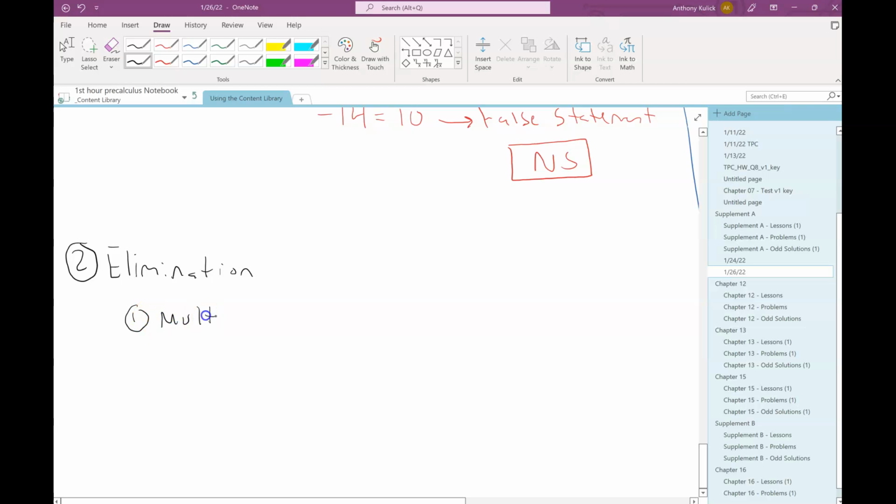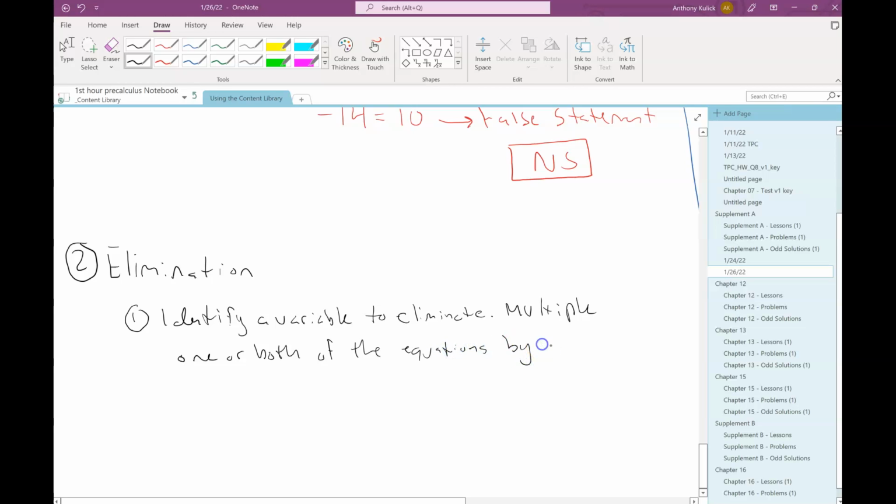So the first step is going to be to identify a variable to eliminate. Then we're going to multiply one or both of the equations by a number, or maybe numbers, right?